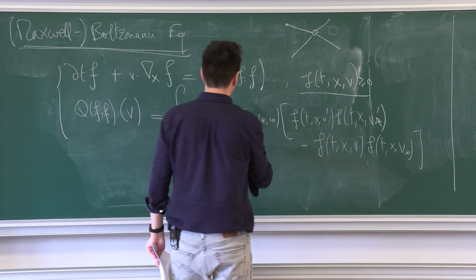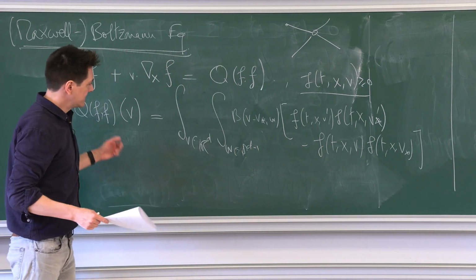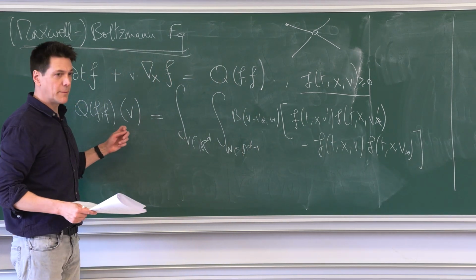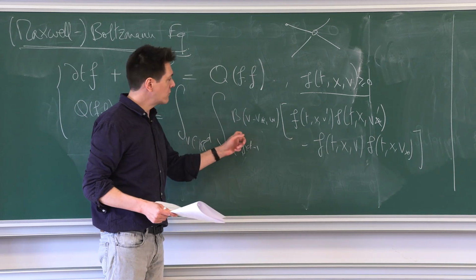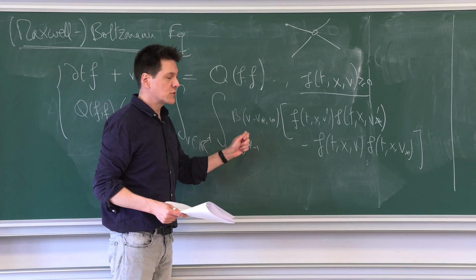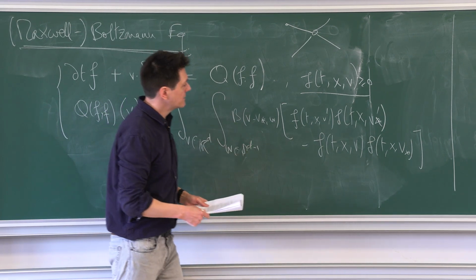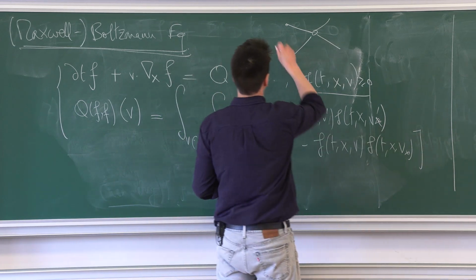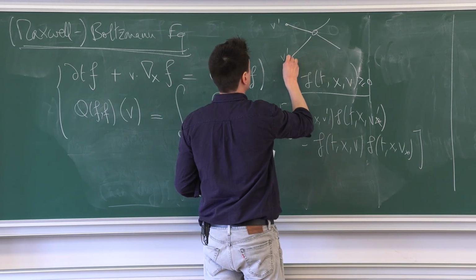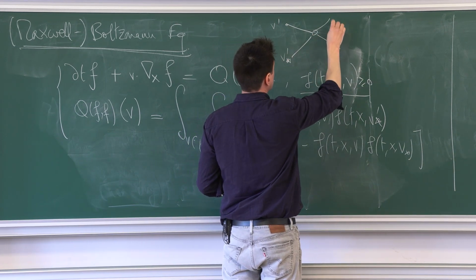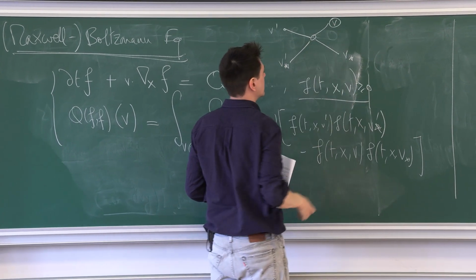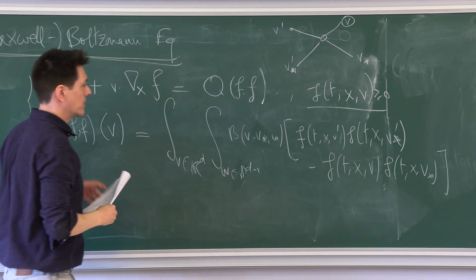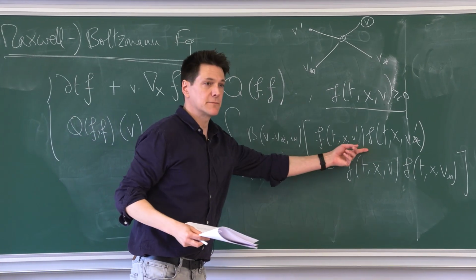Then, what this operator tells you, the operator is just a balance sheet in velocity space of what happens because of the collisions. So every time there are two particles with velocity v prime star colliding to give two particles, one of which being with velocity v, then you count that positively.